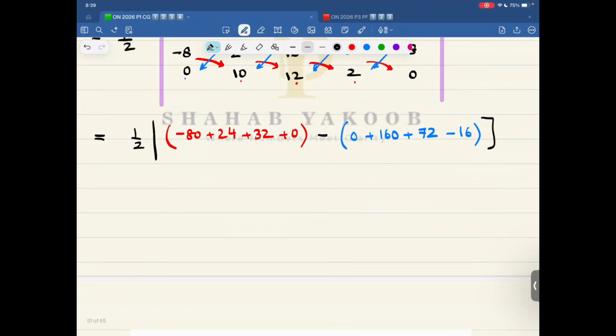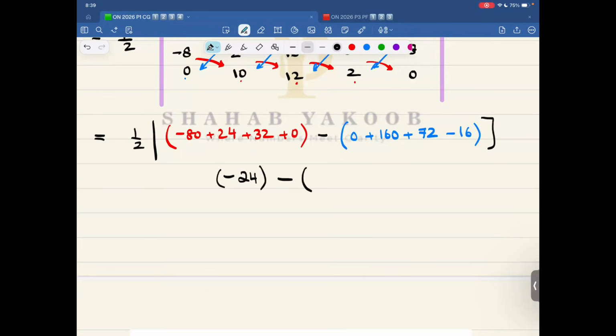So now let me evaluate this thing. And over here, this is 32 plus 24 minus 80. So calculator, 32 plus 24 minus 80, that comes out to be negative 24. That is over here.